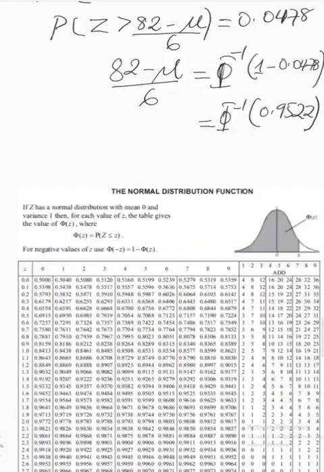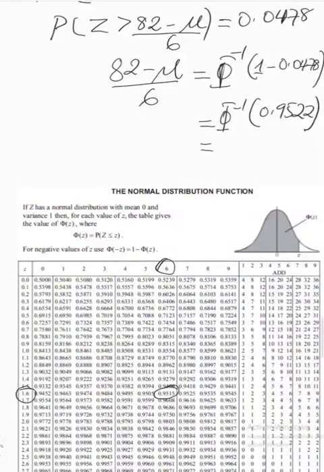which would give phi inverse of 0.9522. So in the body of the table, I have a value of 0.9525, which is already greater than 0.9522. The value to the left is 0.9515, which is less than 0.9522, smaller than it but very close. So I would first consider 0.9515, and it corresponds to a z value of 1.66.